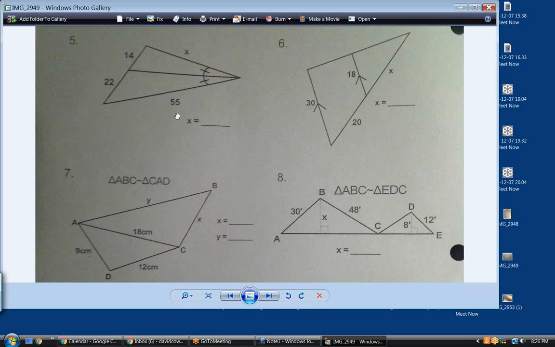However, the fact that this angle is being bisected means that the ratio of 22 to 14 is the same as the ratio of 55 to x.